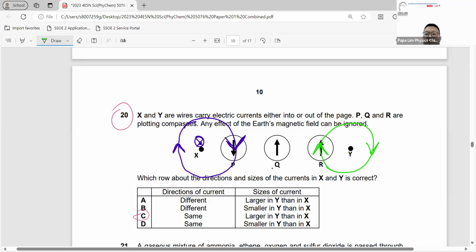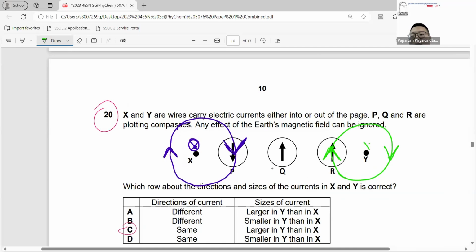For me to generate a clockwise field line, the current direction at Y has to be X also, going into the paper. So if you look at these two situations, the current direction at X and Y is actually the same, going into the paper itself. So option A and option B are out already.